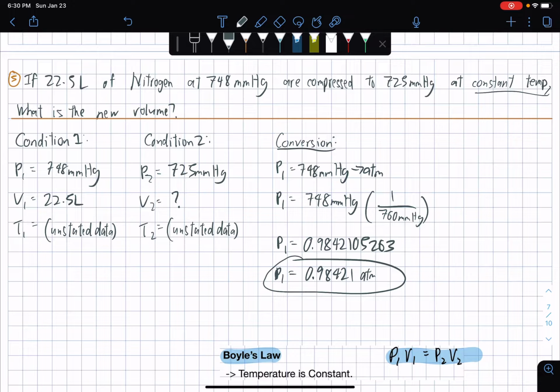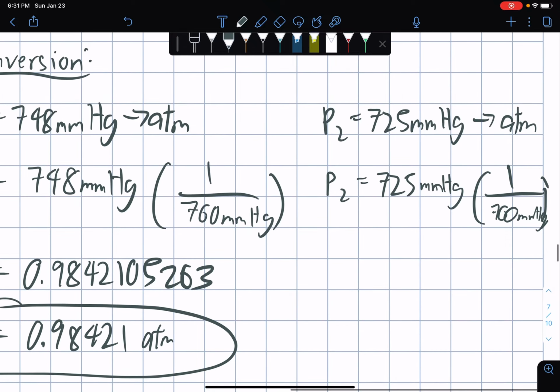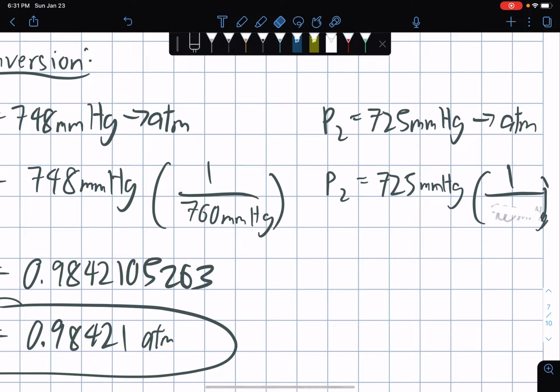For pressure 2, it's equal to 725 mmHg turned into atmosphere. P2 is equivalent to 725 times 1 over 760. Oh, it's bad handwriting. Let's fix that.